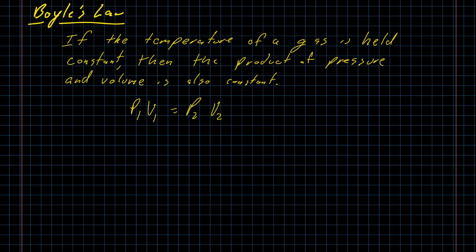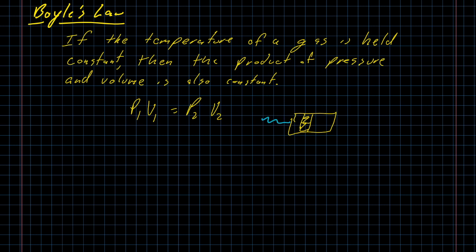And I think holding temperature constant is a little bit easier to understand. Generally speaking, if we have a canister of gas, so we have pressure and volume allowed to change, which means that this canister has a piston in it that's allowed to move.